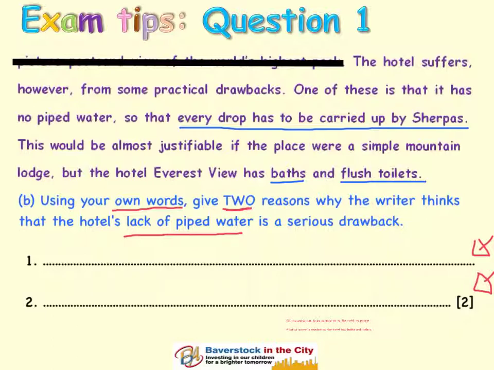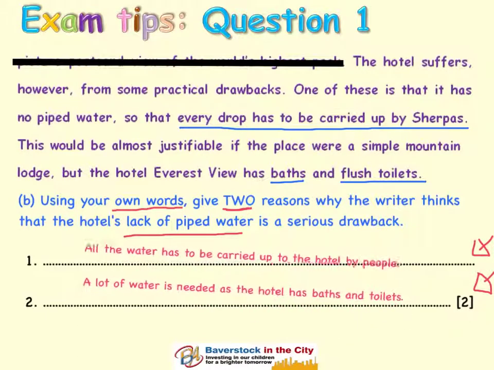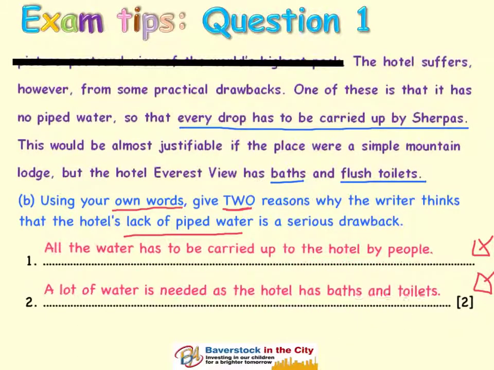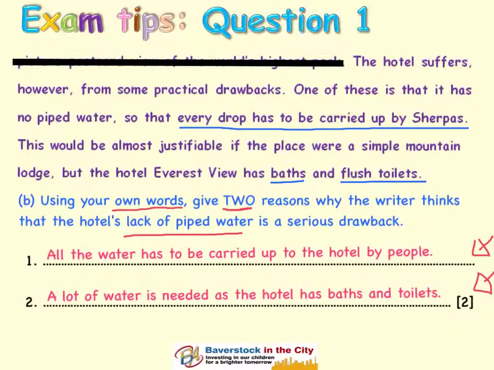So we've got 2 problems there, and all we need to do now is write those problems in our own words. I've done this earlier. Let's have a look what we've got here. These were my answers in my own words. First one, all the water has to be carried up to the hotel by people.